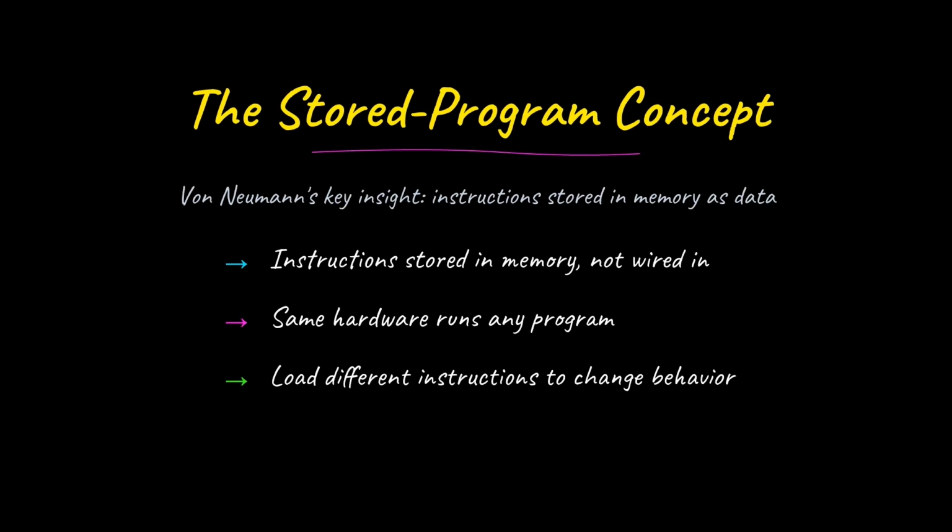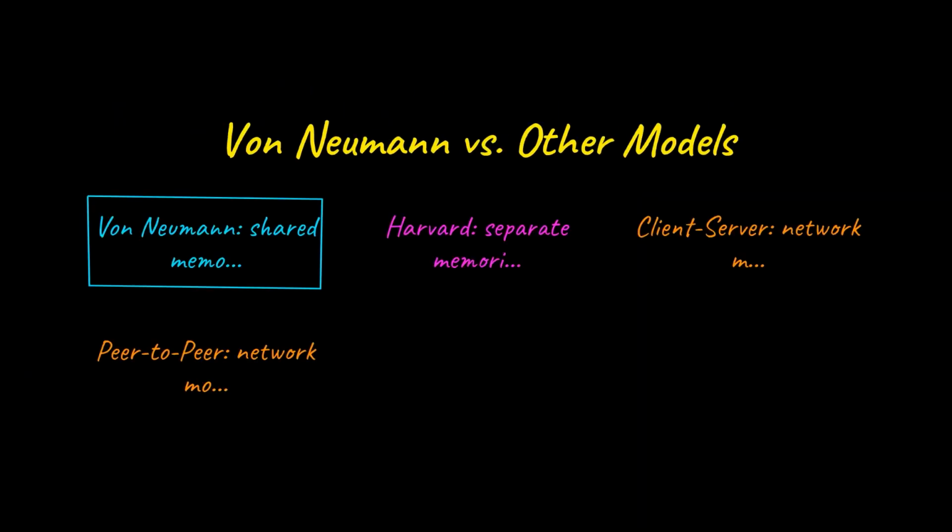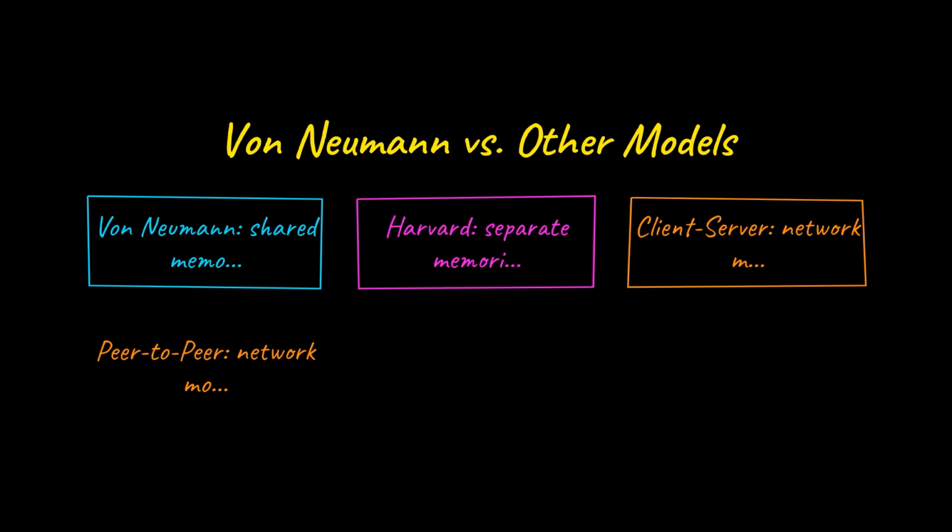This means the same hardware can run a word processor one moment and a game the next, simply by loading different instructions. Von Neumann is often contrasted with Harvard architecture, which uses physically separate memories for instructions and data. Client-server and peer-to-peer describe relationships among networked machines, not the internal layout of a single computer, so they are in a completely different category.